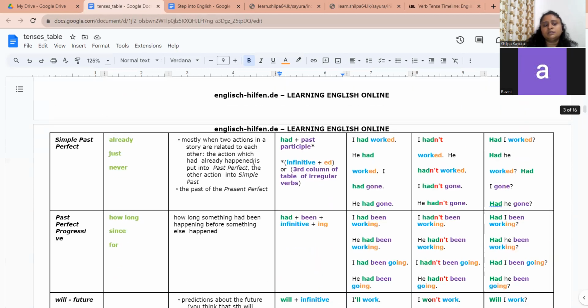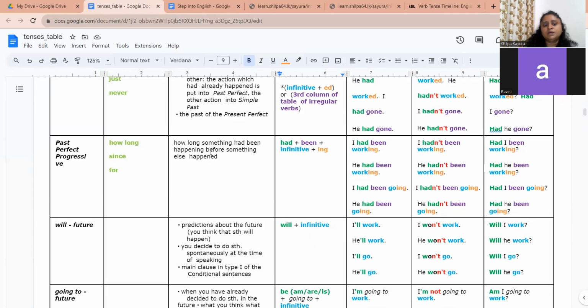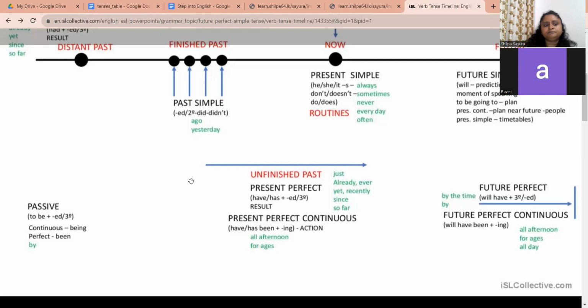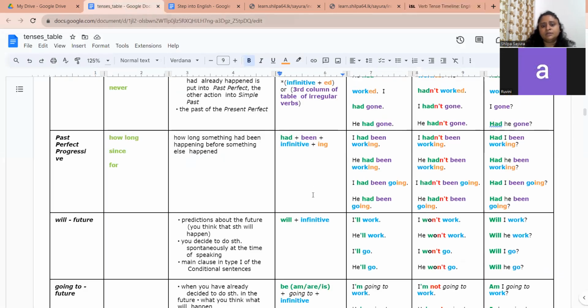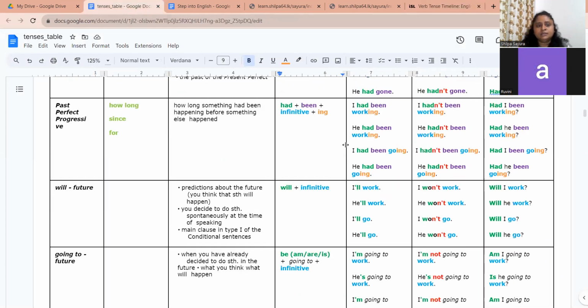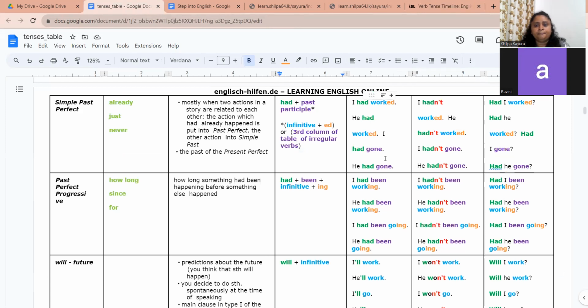So the past perfect continuous tells how long something had been happening before something else happened. So let us have a look. Before some action happened, what had been happening. So that's it.